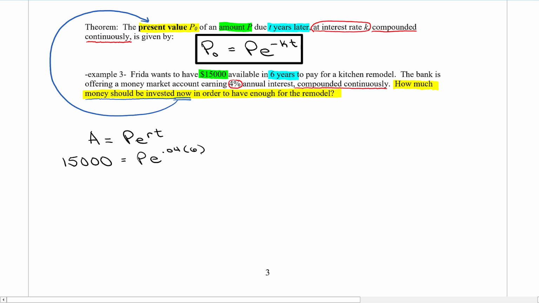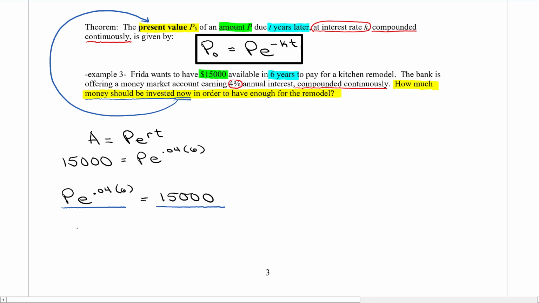And I'm going to replace t with 6. So we're going to have the equation 15,000 equals P times e raised to the 0.04 times 6 power. I'm going to rewrite it so that P times e raised to the 0.04 times 6 power is on the left-hand side, and we're going to write that this is equal to 15,000.